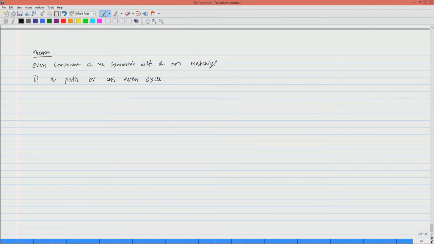Okay. So, we need to understand the statement of this theorem.